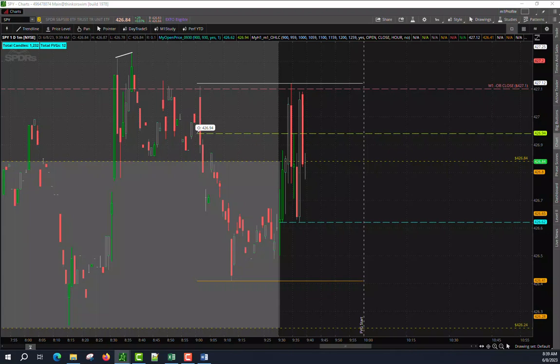On the 15 minute, we still see nothing, not any setup that we are looking for.